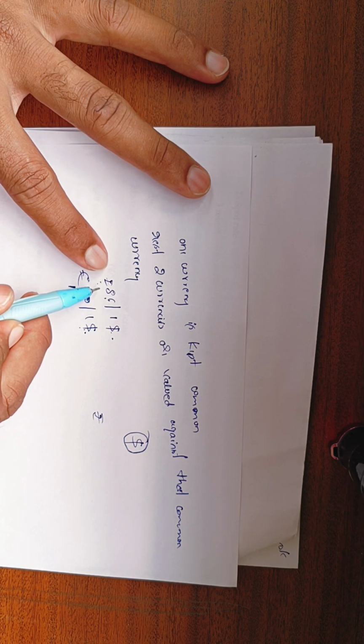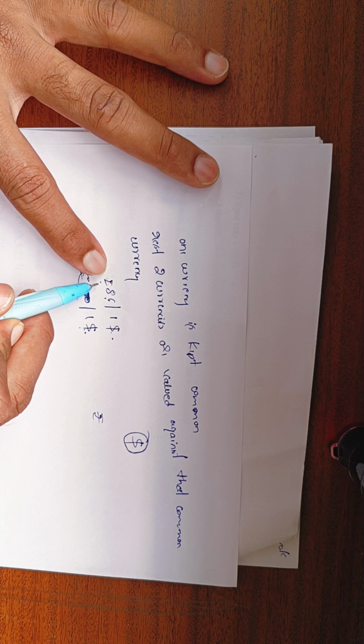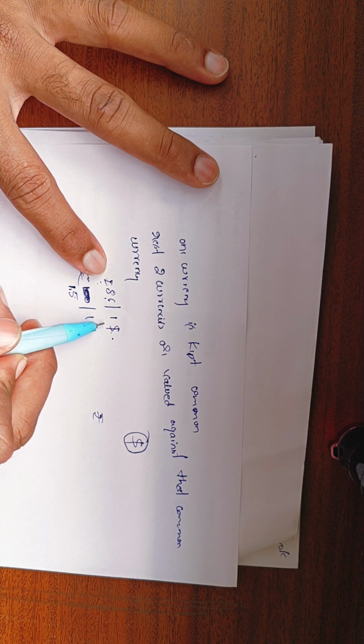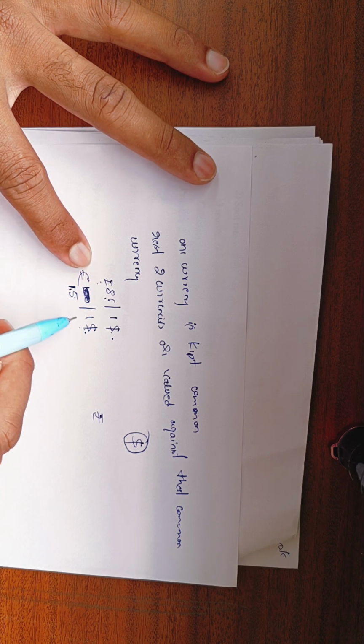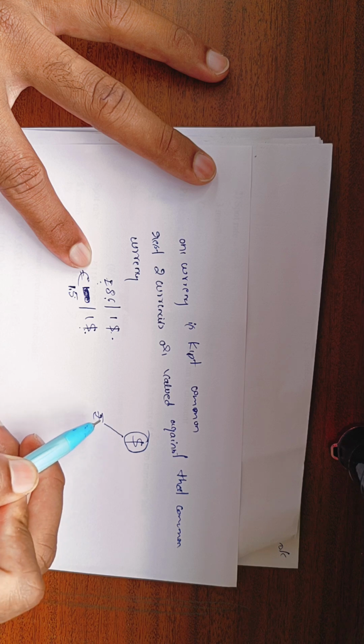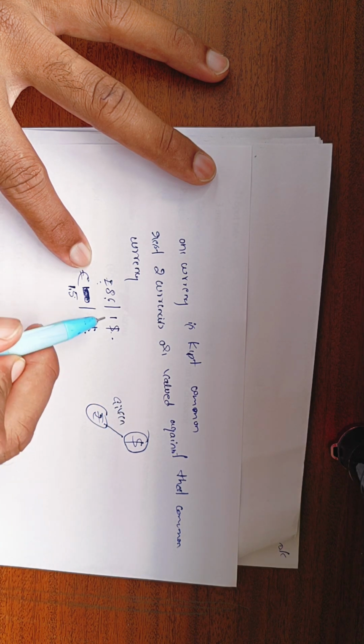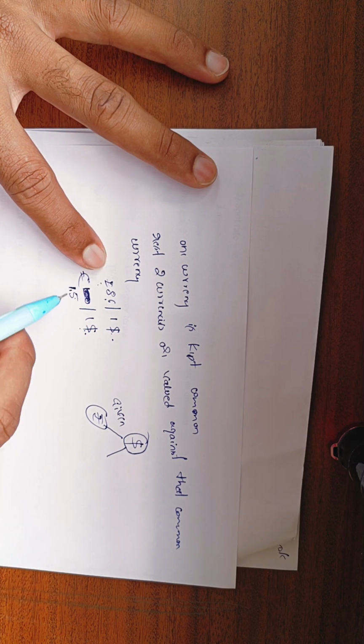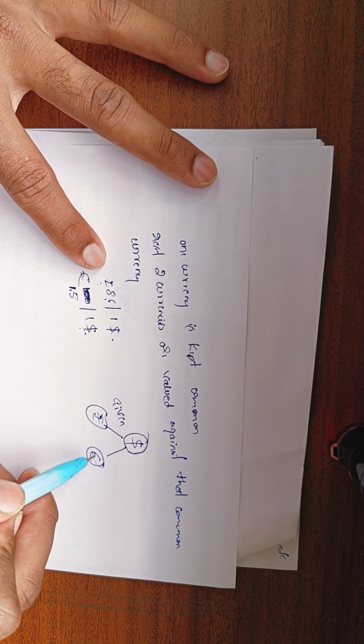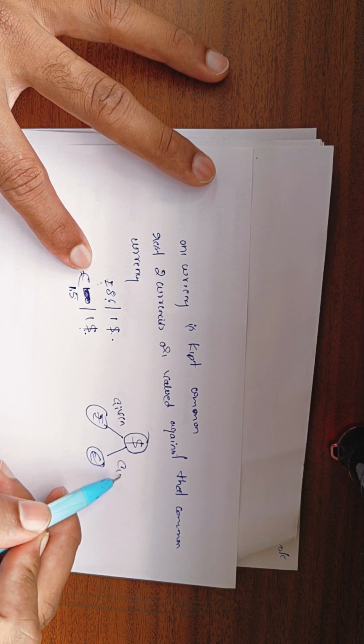And we know the exchange rate between dollar and rupee, because 86 rupees equals $1. Then $1 equals 1.5 euro. We know this rate, we know this rate also. The third currency is euro, and this is also given.